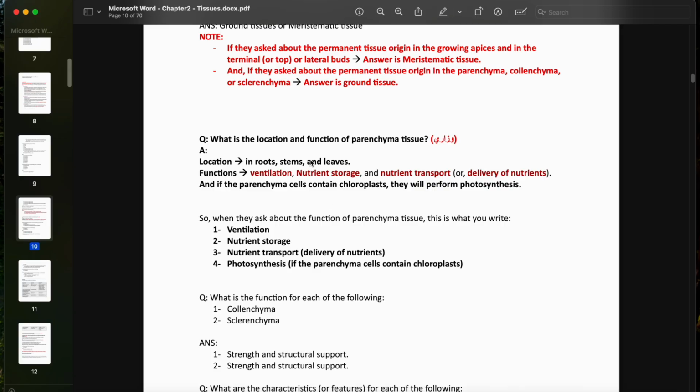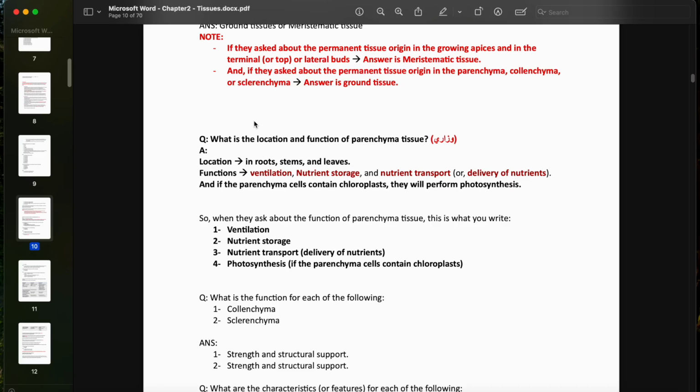Question: what is the location and function of parenchyma tissue? The location is in roots, stems, and leaves. This can be a vague one because it's not really directly mentioned in the book, but this is actually a previous question, so you need to take care of this one. The functions, as we mentioned earlier, are ventilation, nutrient storage, and delivery of nutrients.